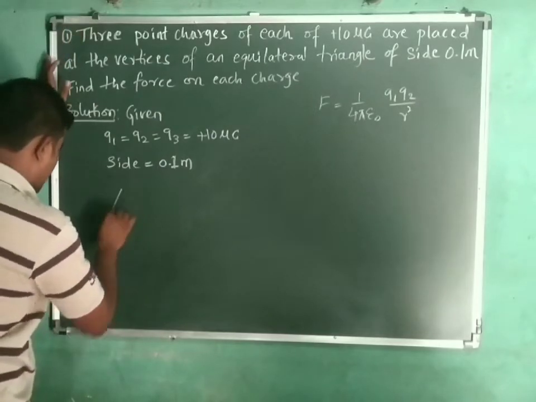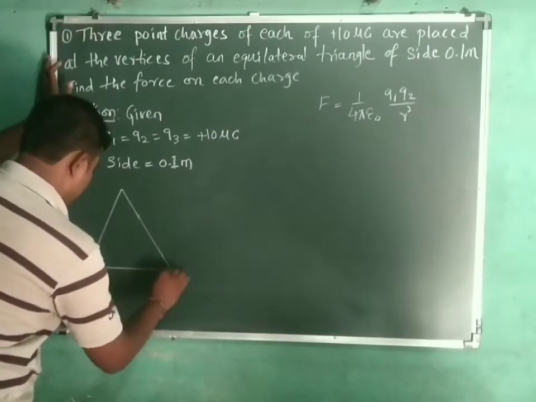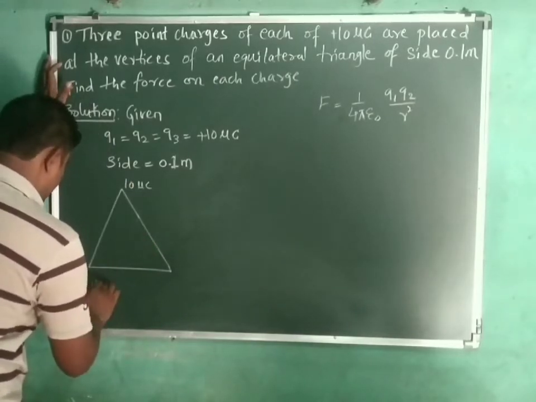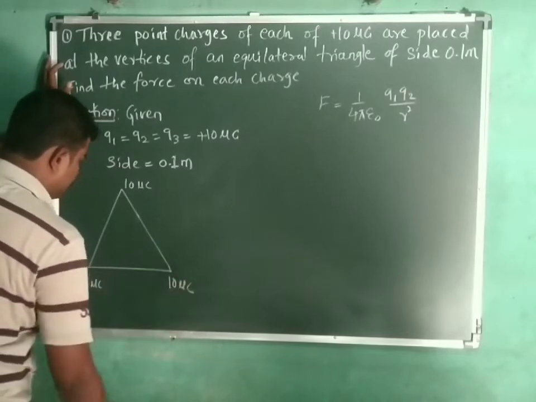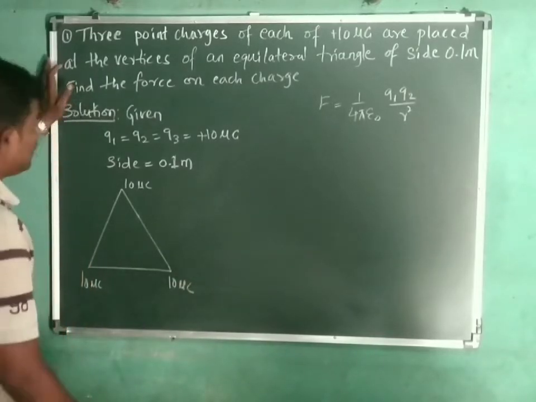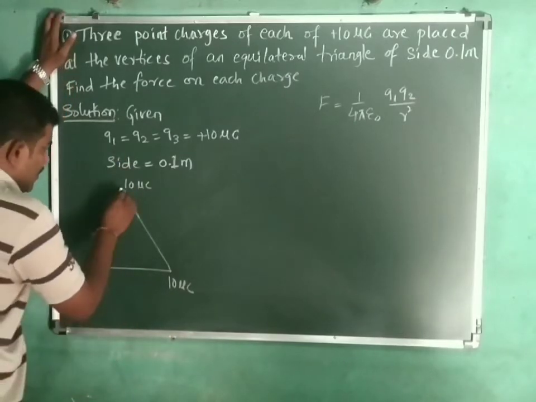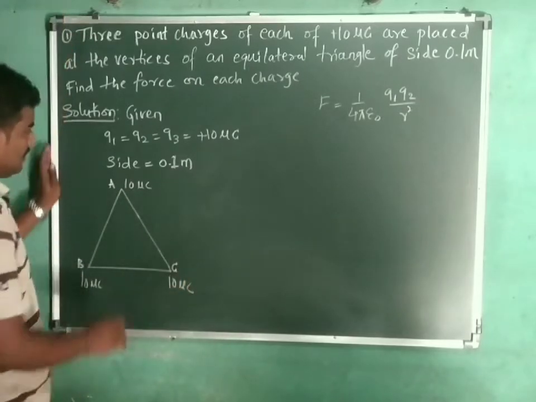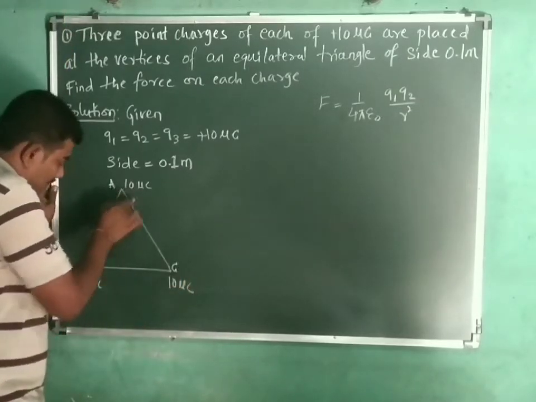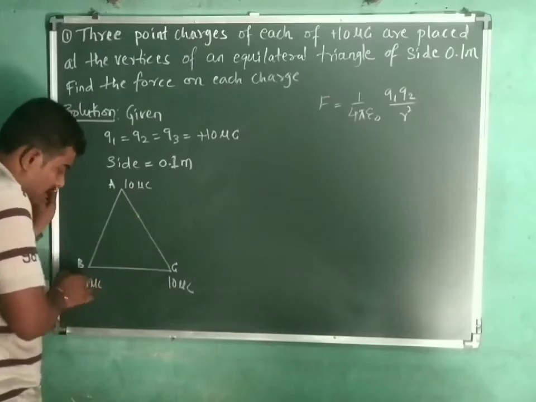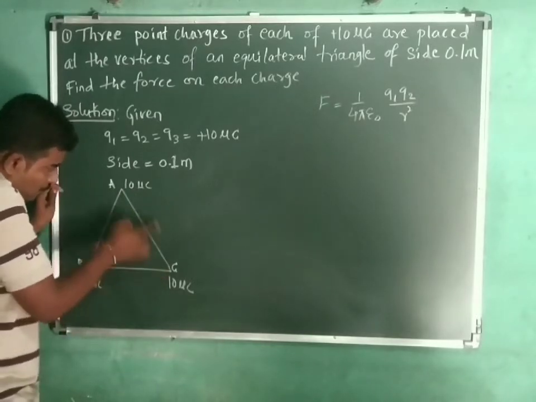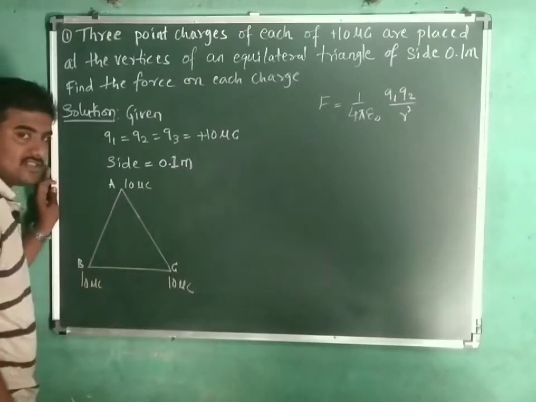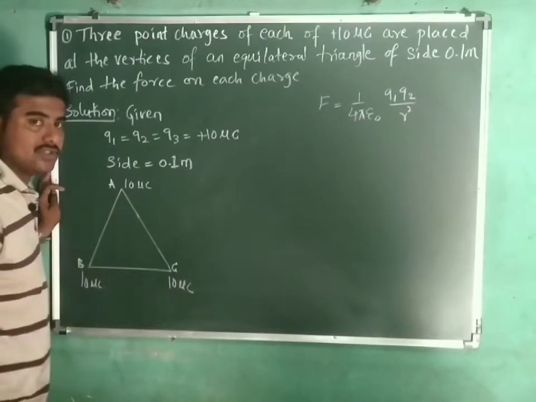See here, this is an equilateral triangle with 10 microcoulomb, 10 microcoulomb, 10 microcoulomb. Since the magnitudes are the same, let us call them A, B, C. The force on this 10 microcoulomb due to these two charges is going to be the same because the magnitudes are the same.